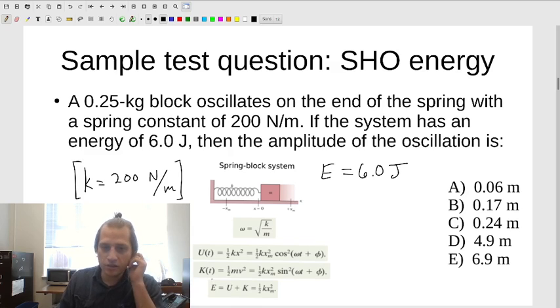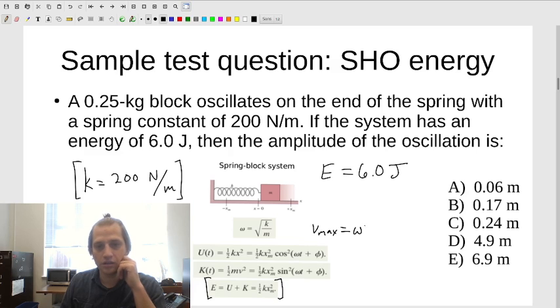Okay, now I want you to notice that I've given you a little bit of help here because the total energy is the sum of the kinetic and potential, but it also can be written as 1/2 k x_max squared. Your v_max is, I guess it would be omega times x_max.